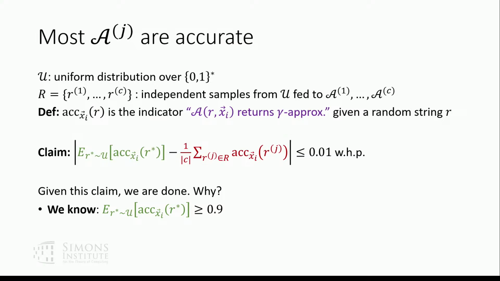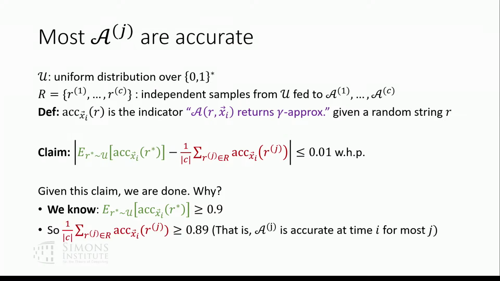Because we know that this thing is at least 0.9, so this thing is also big, like 0.89, because they are close to each other. What does it mean here? It means that most of the A_j are accurate at time i, because this is 1 if A_j is accurate at time i. So most of them are accurate, and if you return the median of the answers from the A_j, you would be correct.